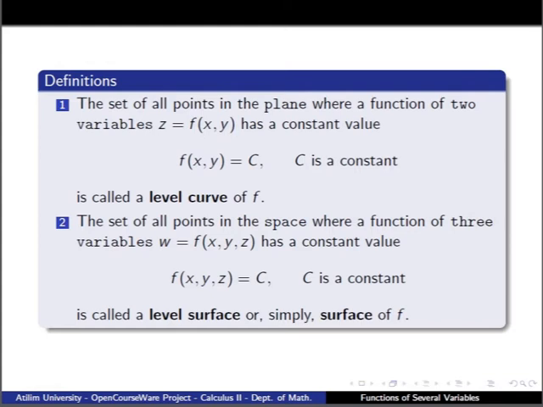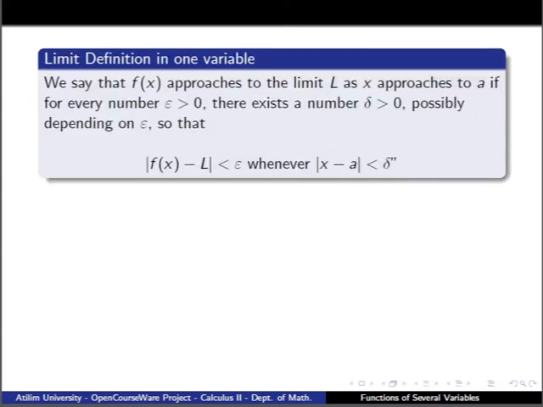Hence, after those definitions, I think we may pass through the limit definition of a function of two variables. But before that, it may be better for us to remember the epsilon delta definition for the limit of a function of a single variable. Note that there is a very important inequality which is given here.